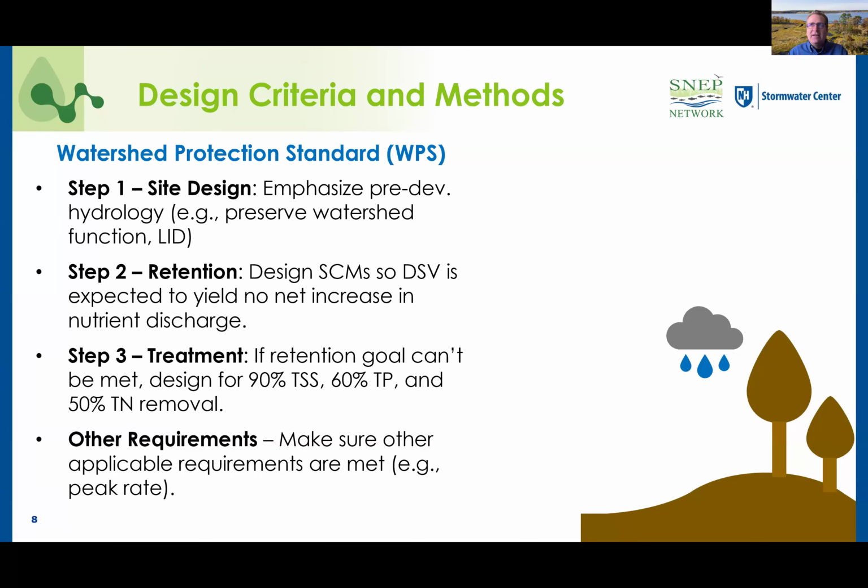So while New Hampshire's not in the SNEP region, we're still in New England, and I feel like a lot of the regulations and implementation strategies are kind of converging around New England. So whether you're in Massachusetts or Rhode Island or New Hampshire or Vermont or Connecticut or Maine, hopefully the watershed protection standard is not going to be a novel thing over the next decade.